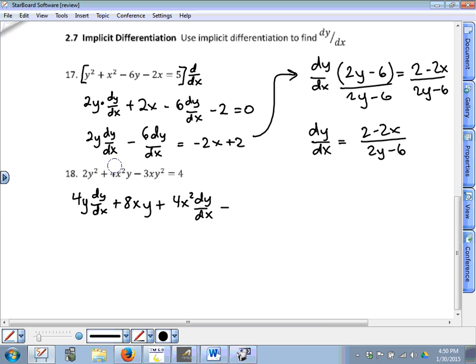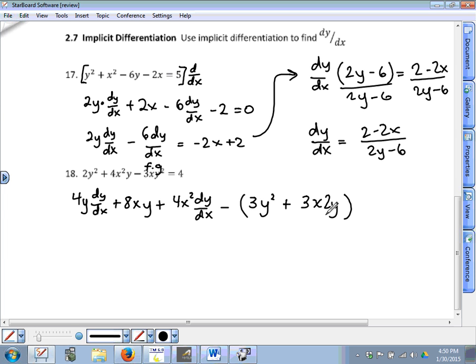And then we have the same situation here. So we have an f and a g function. So we have to subtract this expansion. Notice how I'm doing this in parentheses because we're subtracting this product rule. So it's f prime, which is 3 times g plus f times g prime.